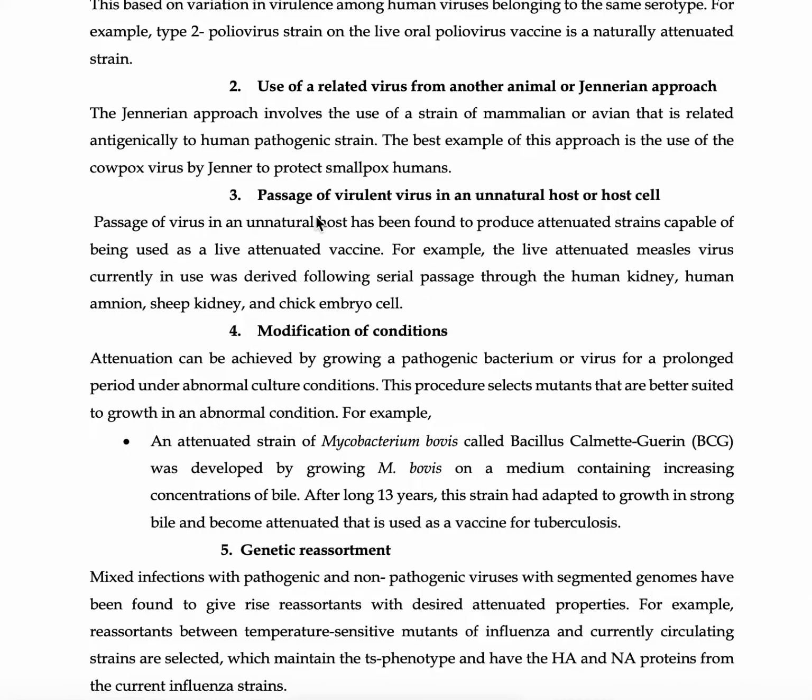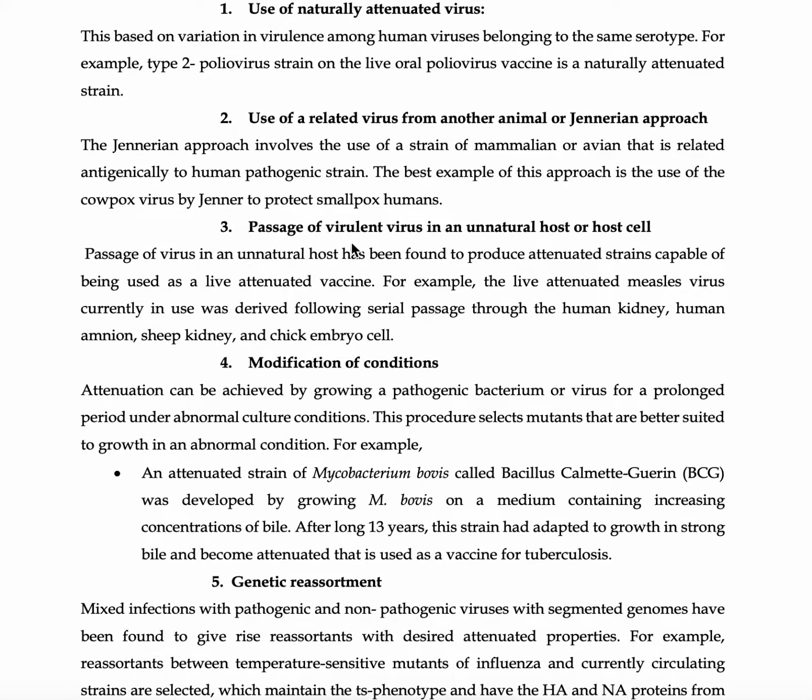Another approach: passage of virulent virus in an unnatural host or host cell. For example, the live attenuated measles virus currently in use was derived following serial passage through human kidney, human amnion, sheep kidney, and chick embryo cells. So what do we have to do in this approach? We have to culture everything, right?